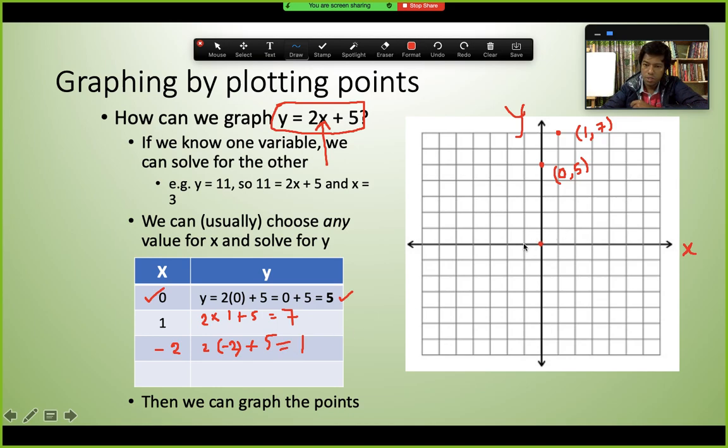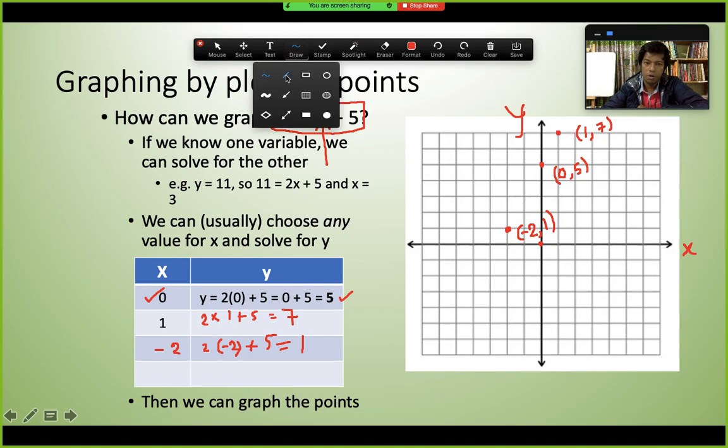So minus 2 is here, minus 1 is here. On the left side of the x-axis it is negative. This is the point for minus 2, 1. So we write it here, minus 2, 1.